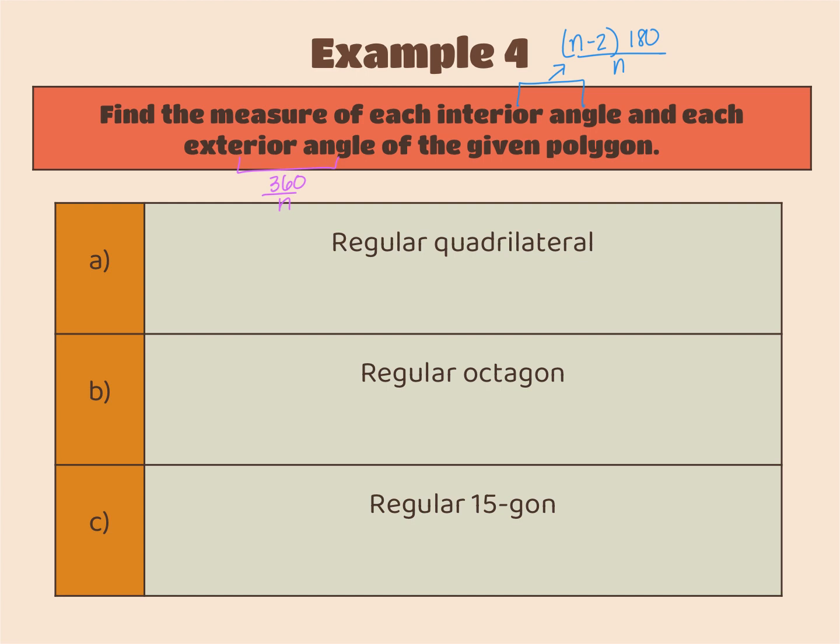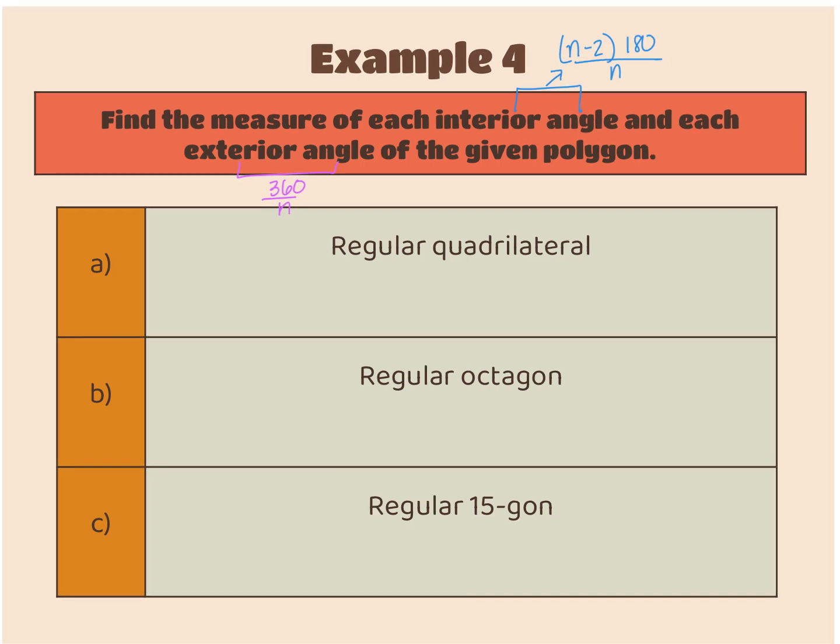So a regular quadrilateral. This one should be pretty easy. If it's a quadrilateral, it has 4 sides, so we should already have an idea that this is 90 degrees. But if you didn't know, we should know that a quadrilateral has a total of 4 sides. So setting it up in my equation, I have 4 minus 2 times 180 divided by 4.